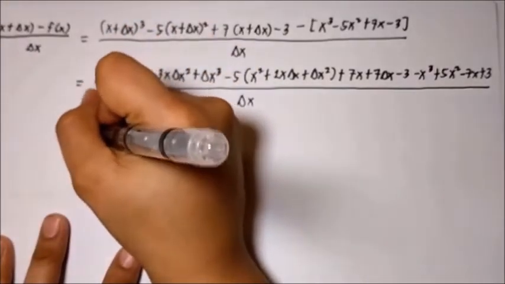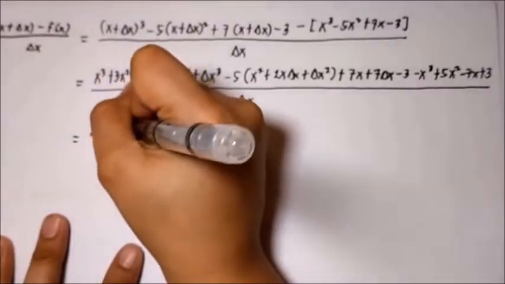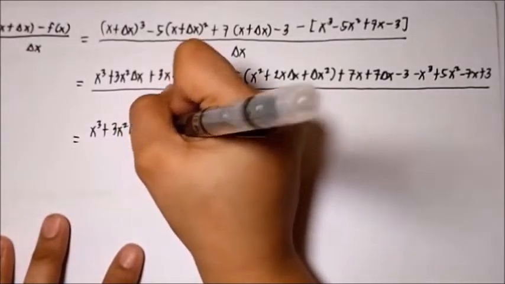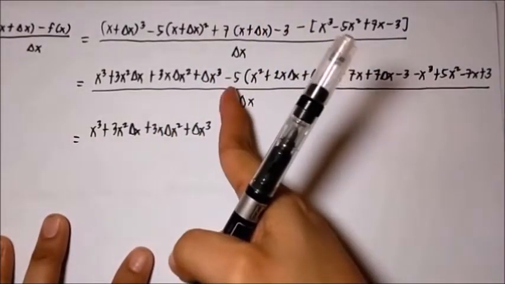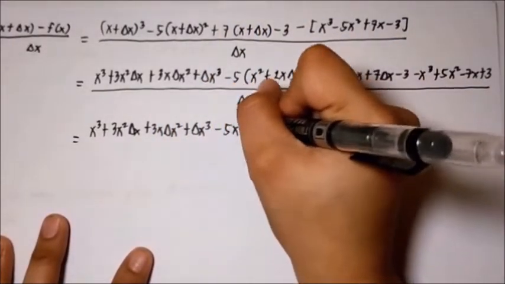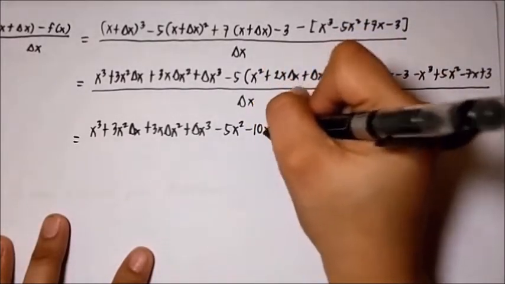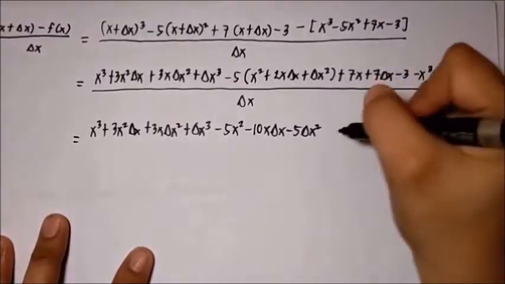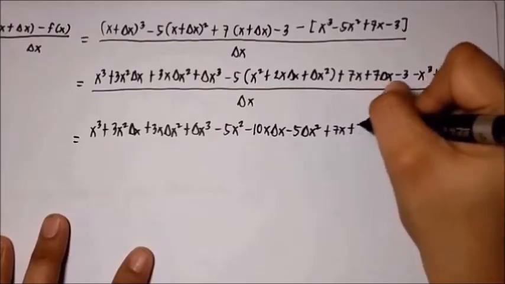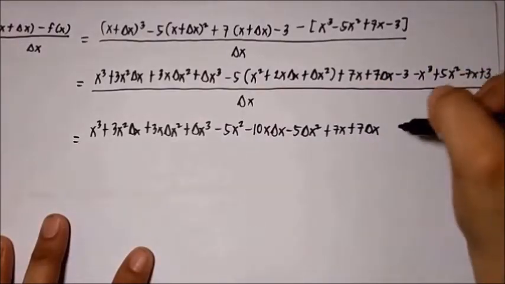Let's rewrite first. X cubed, 3x squared delta x plus 3x delta x squared plus delta x cubed. And then distribute negative 5. Negative 5x squared, negative 10x delta x, negative 5 delta x squared plus 7x plus 7 delta x.